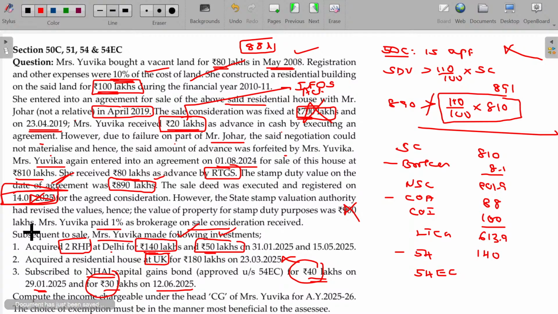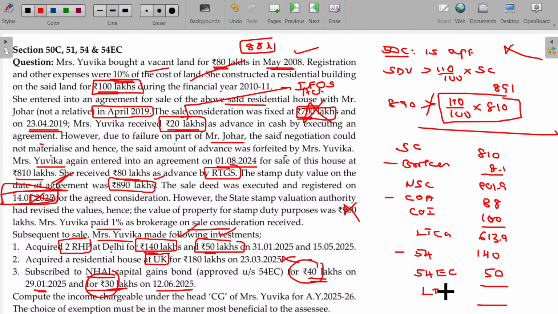But as per section 54H, the time extension will be given from the date of actual receipt. The actual receipt happens only on 14/1. Now from that 6 months time, so 40 and 30 both will be available. Anyhow, the 54EC maximum limit is only 50 lakhs.